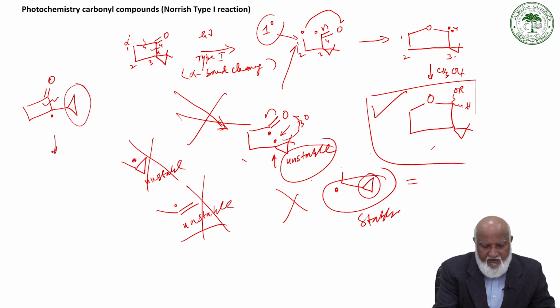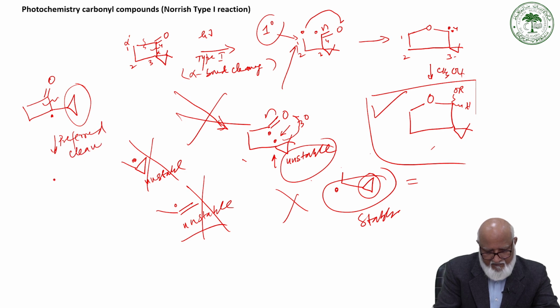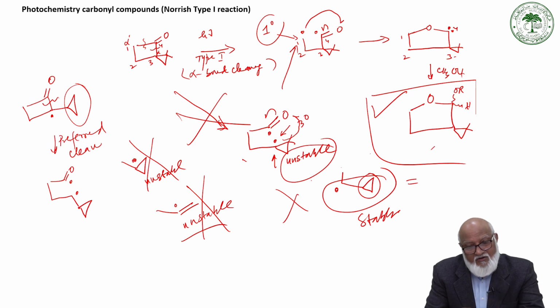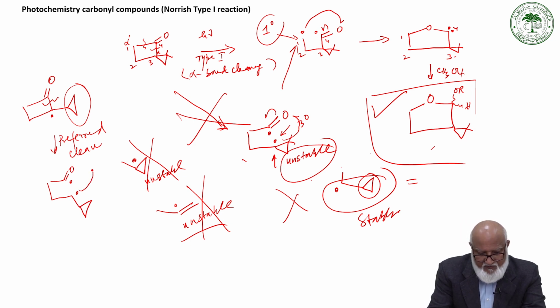So this is going to be a preferred cleavage, because the radical is not on the cyclopropane but adjacent to the cyclopropane, and then the ring expansion product will be the one like this.